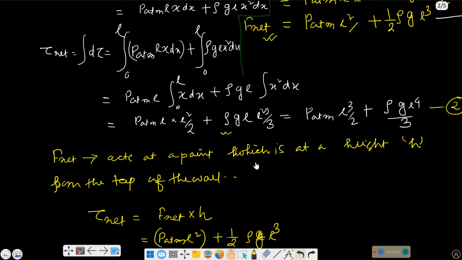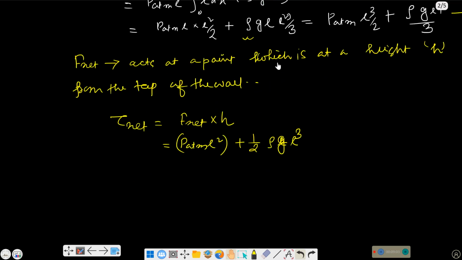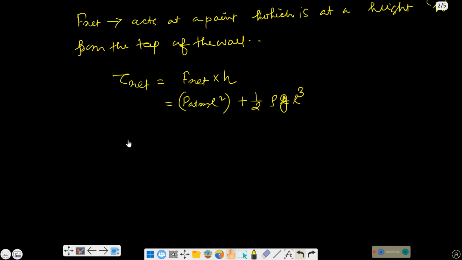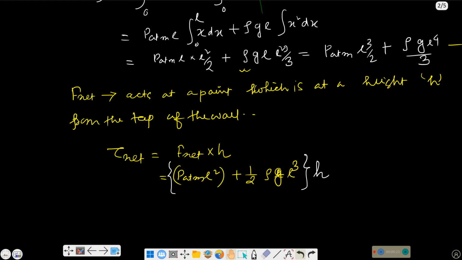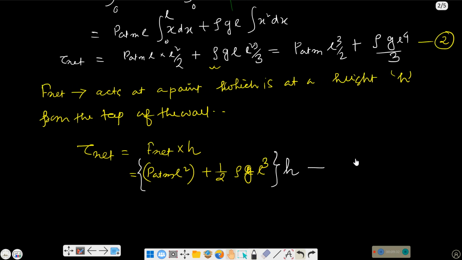So this one, P atmosphere L square plus half rho g L cube, into h is our net torque. Now we need to equate these two equations because this tau net and this tau net have to be equal. Let me put this as equation number 3.